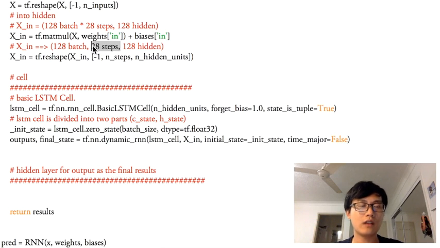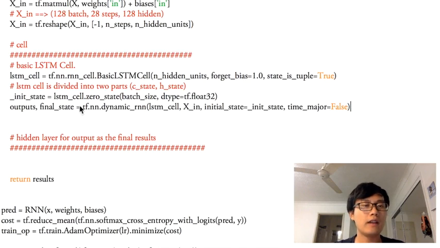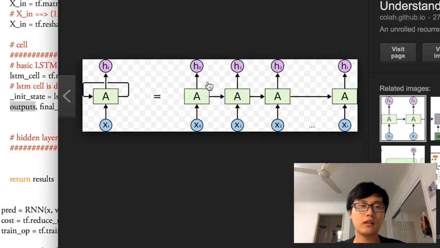So we have the time steps in our second dimension, which is not the major dimension, so we pass false in here. If you have the time dimension first, which means the 28 time steps, then time major is true. From this loop, we output all the outputs in every step.